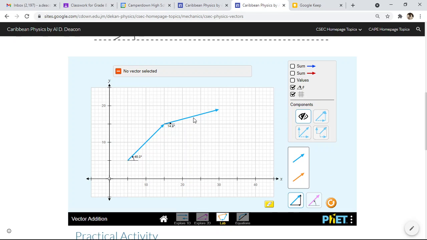How would I draw this? I would have drawn a vector at 45 degrees, and then use my ruler to measure 14.1. For this vector also, I would get my protractor, measure 14.9 degrees, and then use my ruler to draw 15.5.